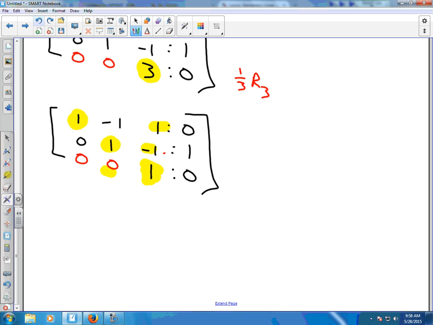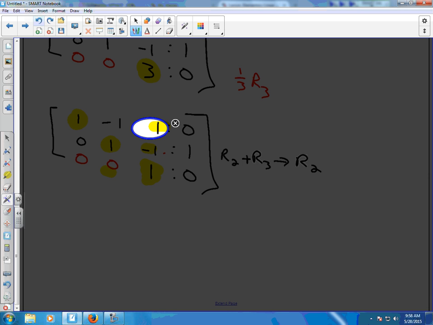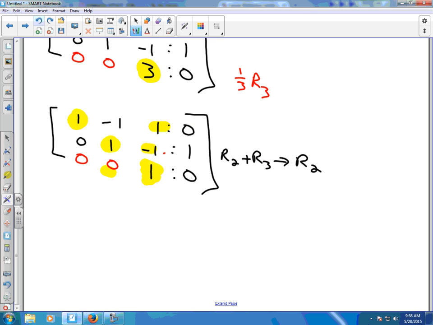So our second row is going to be from adding. So we're going to do the 1 at the bottom.